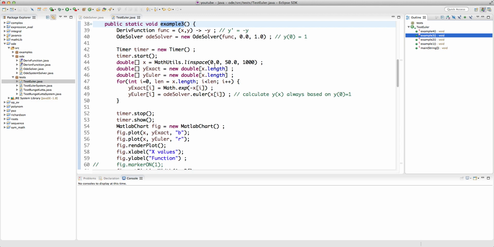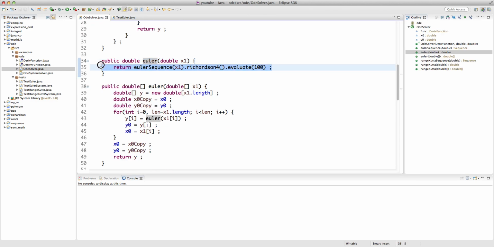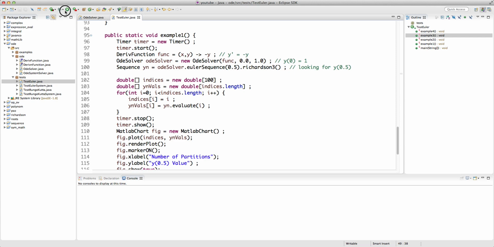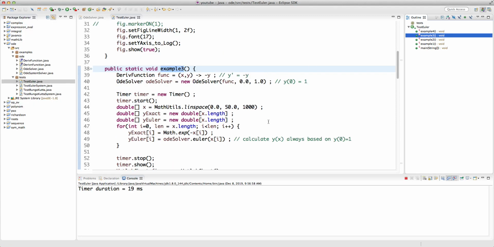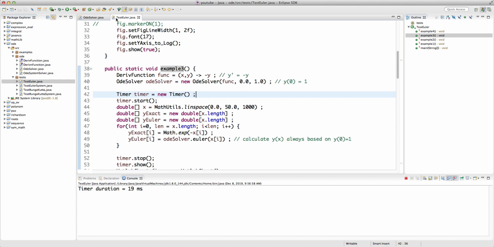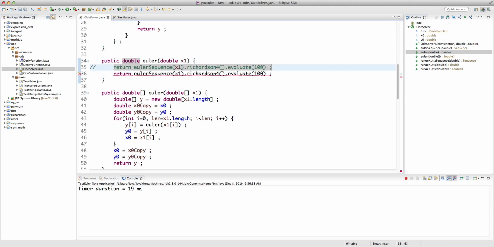Oh, one other thing is that here the Euler method actually does the fourth order Richardson. So if I don't do that, the error gets even worse. Let's run example 3 one more time. In example 3, this red one is the Euler sequence, which has a fourth order Richardson acceleration. If I go back and remove that Richardson acceleration, we expect to get even bigger errors.